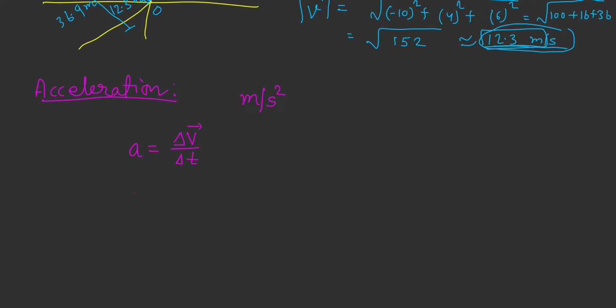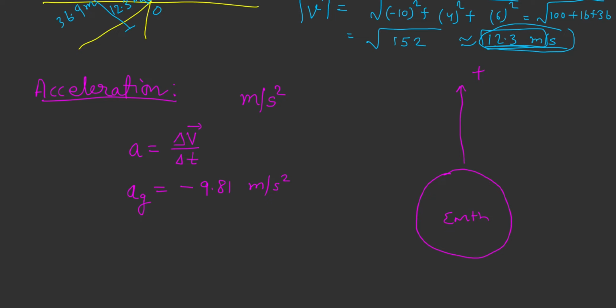The best example of acceleration is the acceleration due to gravity of Earth, which is minus 9.81 meters per second squared. The minus sign is used because, suppose this is our Earth and you take the vertical upward direction as positive, then the vertically downward direction will be negative.